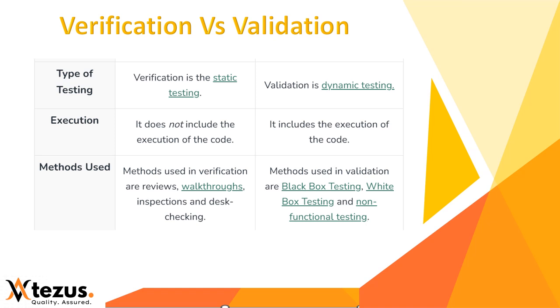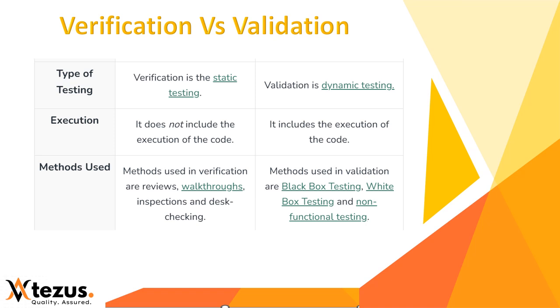So when it comes to verification versus validation, if you look in detail at the types of testing, verification is static testing and validation is dynamic testing. Let us discuss more about static and dynamic testing later.